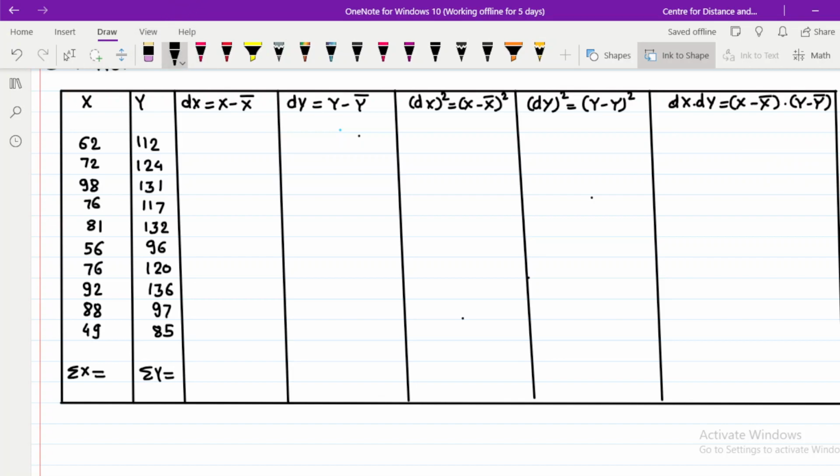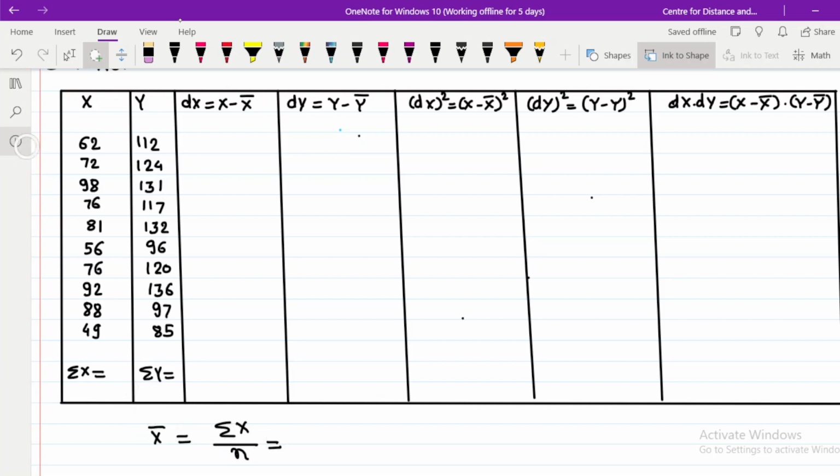Now, for this dx is equal to x minus x bar. First we have to calculate the value of x bar, and we know the formula for x bar is equal to summation x divided by n.